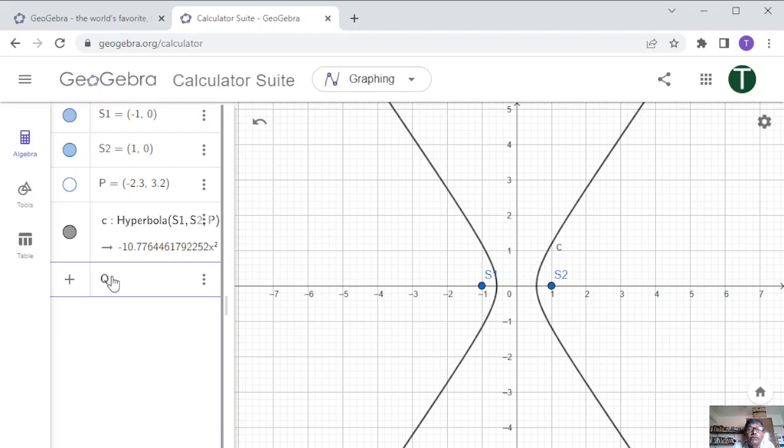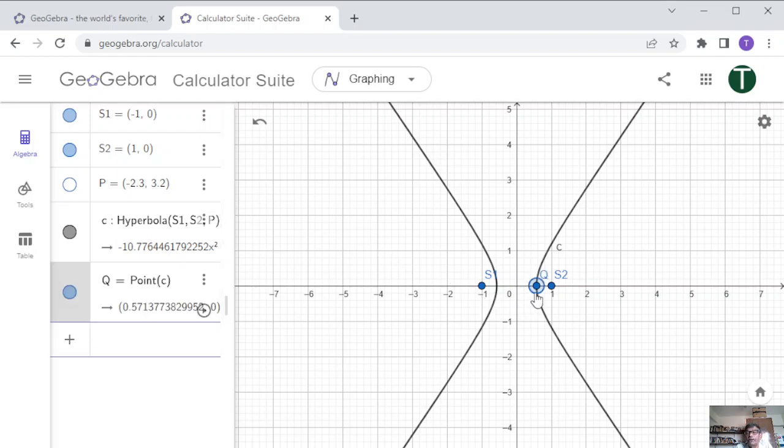Write point, on the hyperbola which is named C here, and you get this point Q. Now if you move Q, you can easily see it will never leave this hyperbola.